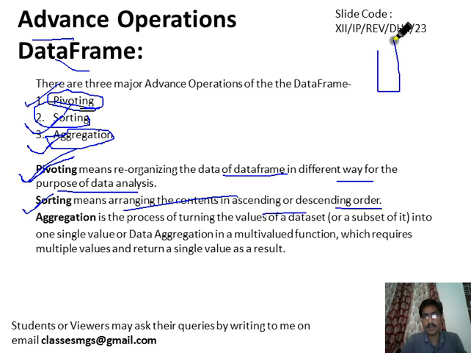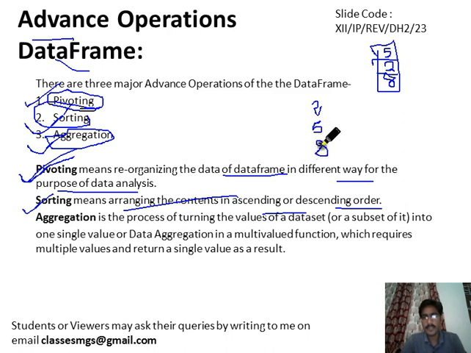Like I have some data like this. Let's suppose this is 5, 2, let's suppose this is 8, and if you want to arrange this data in increasing order, meaning ascending order: 2, 5, 8.